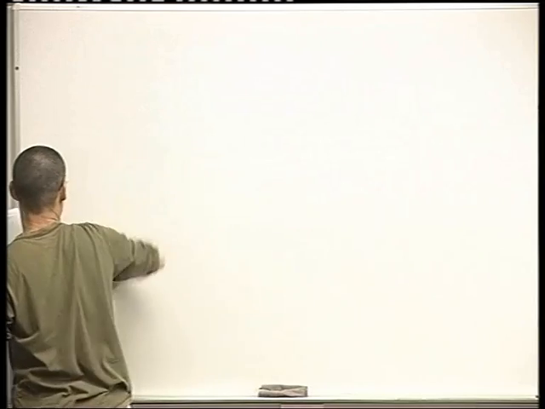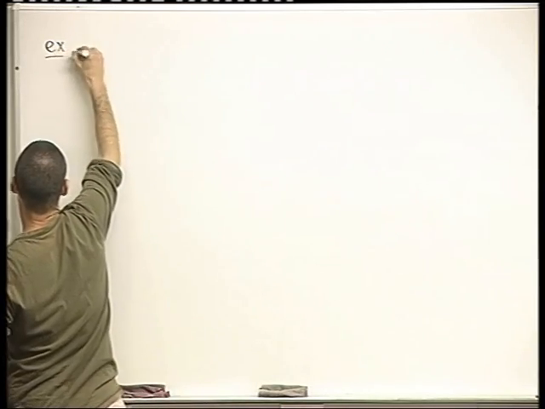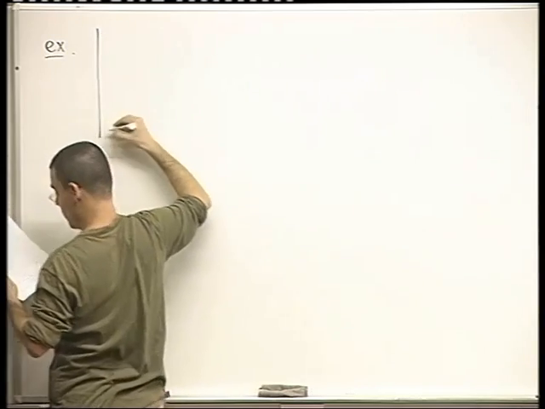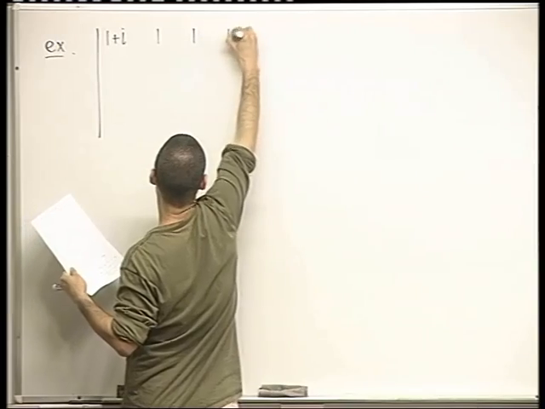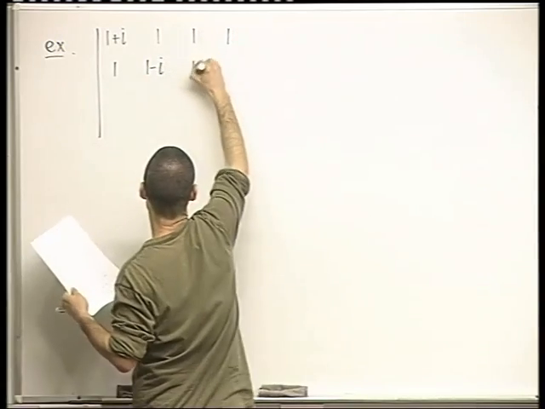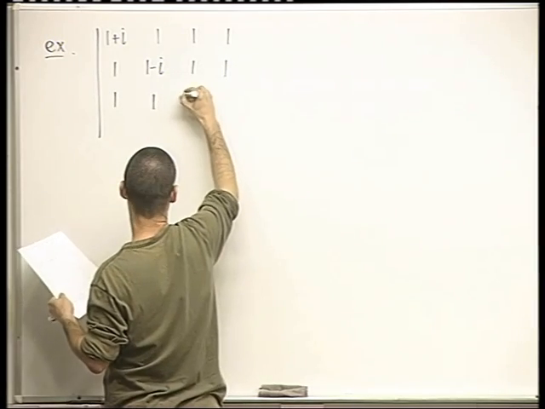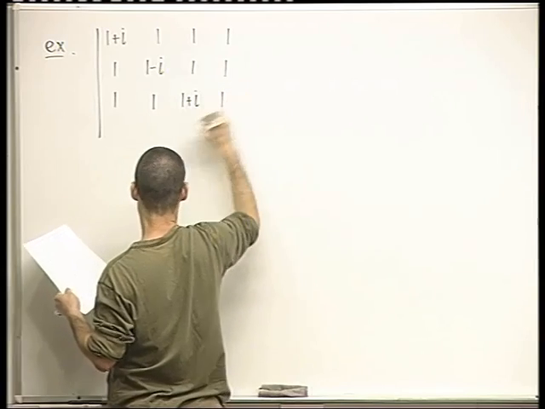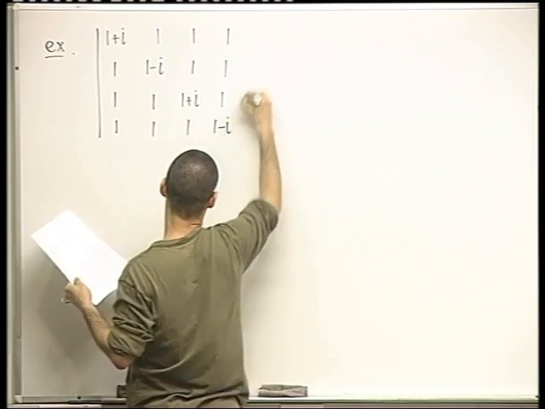I'm going to need some space for this, so let's erase everything. It's going to be a 4 by 4 example. 1 plus i, 1, 1, 1. 1, 1 minus i, 1, 1. 1, 1, 1 plus i, 1. And 1, 1, 1, 1 minus i.